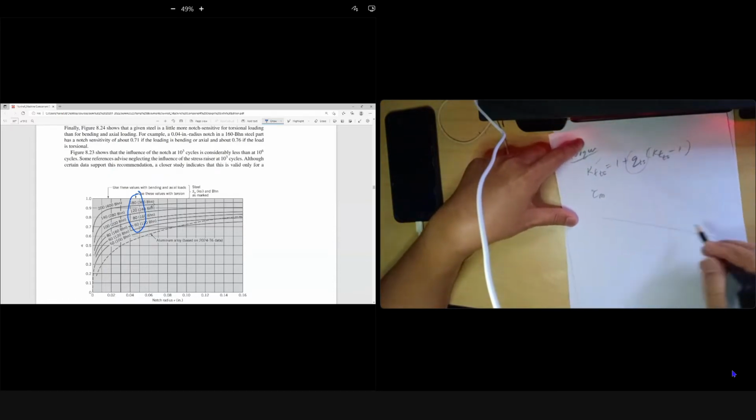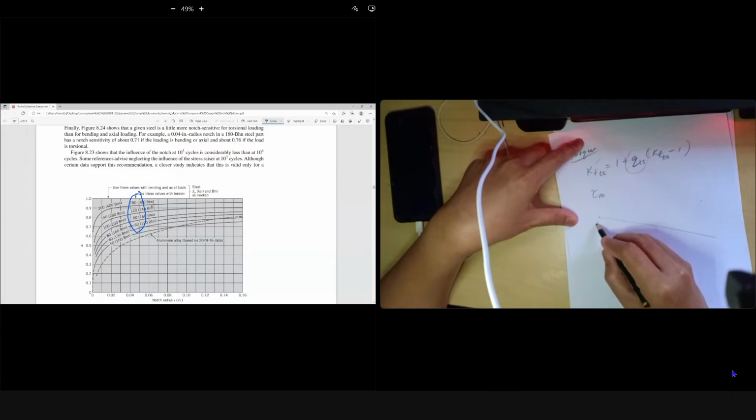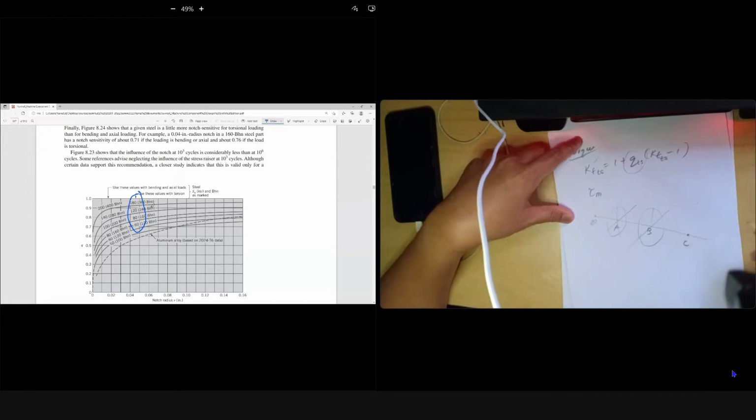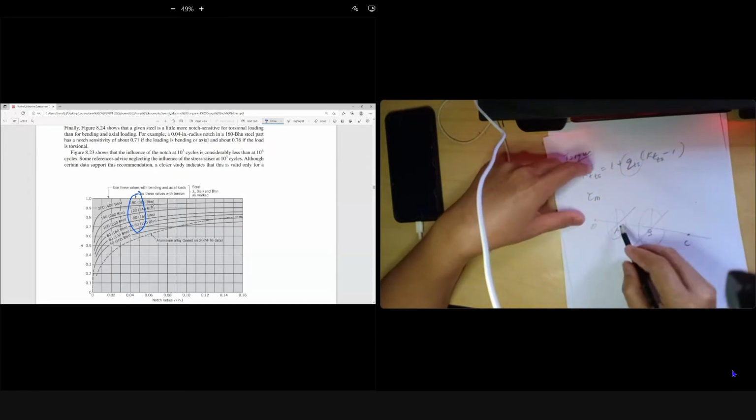When you have a shaft and you have a bearing at O, then you have a gear or pulley here. So you have O, A, B, C, for example. You have torque between A and B. For example, you have a gear like this. This is your gear, it is turning like this.